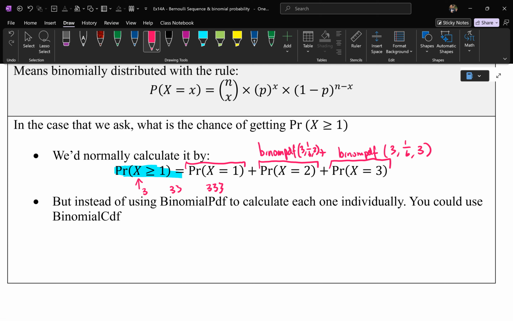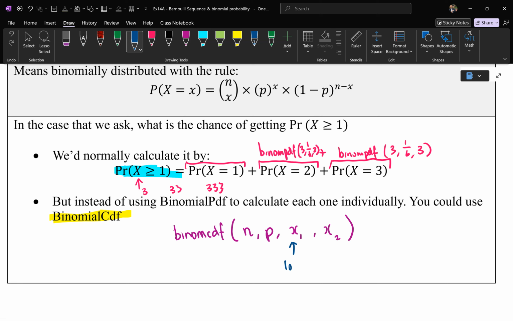Right? The easier way is to use binom CDF. CDF gives you an interval. Okay, so in this case, it'll be very similar. You can actually type in binom CDF, which is just under the PDF. So I think it's menu 5 5 B rather than A. And it's the same thing again. It's n, p, what is your smaller value to your upper value.